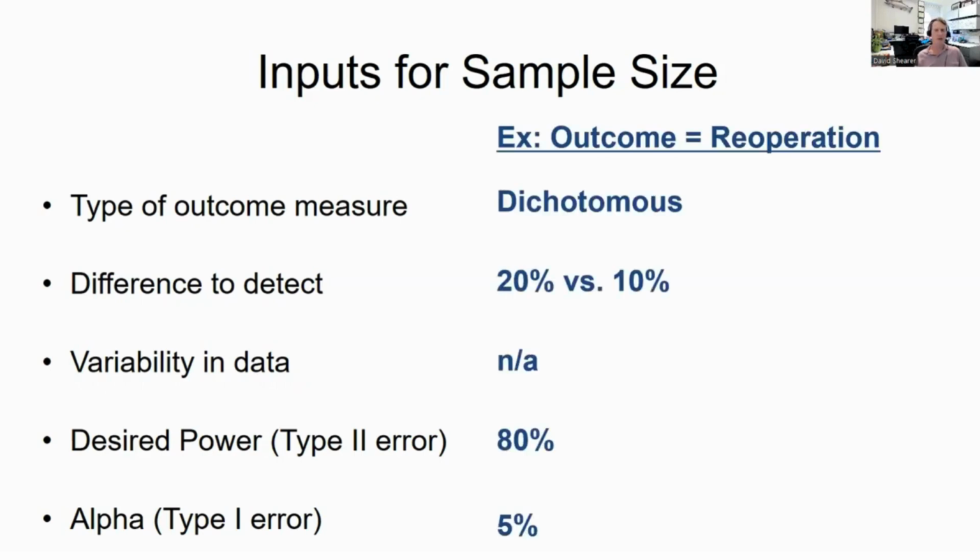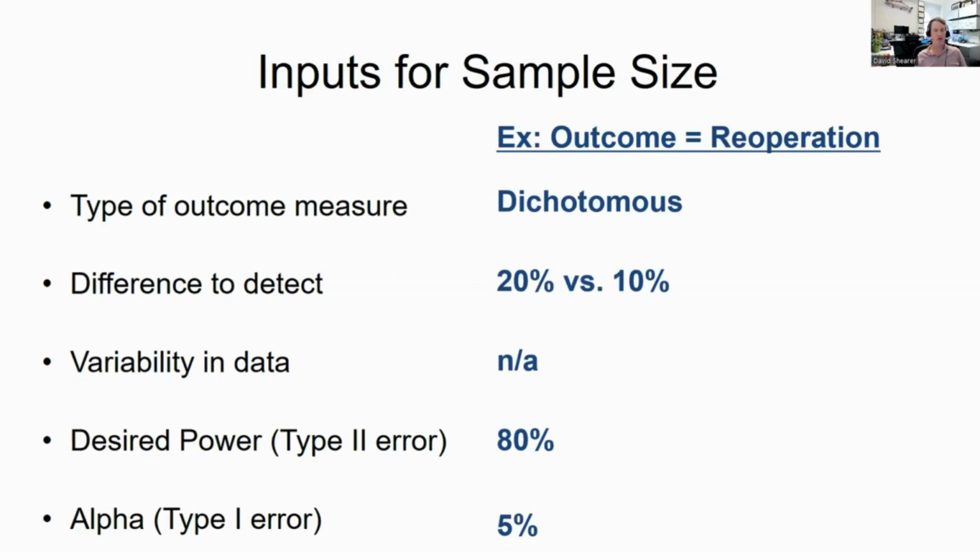For this example, our primary outcome we decided was reoperation. So that's a dichotomous outcome, meaning it's either yes or no. The difference that we're going to try to detect is 20% versus 10%. We'll talk about that a bit more in a second. With binary outcomes, there's no measure of variability.